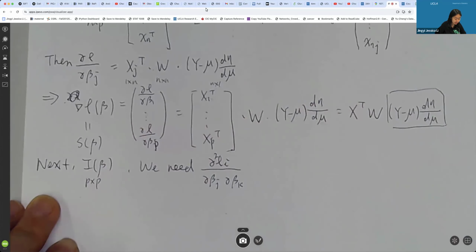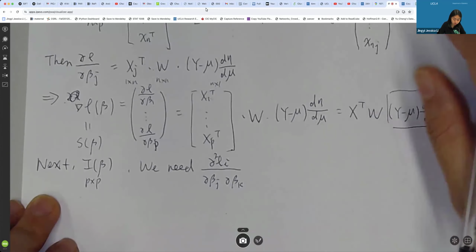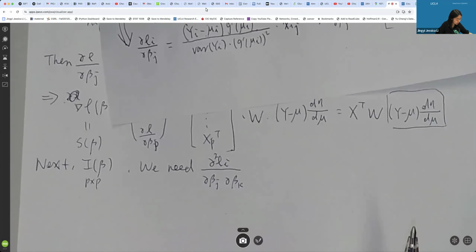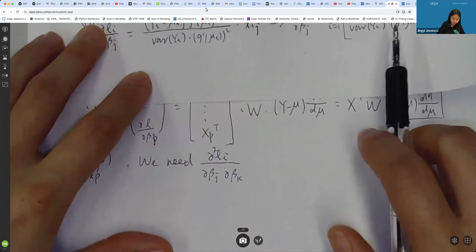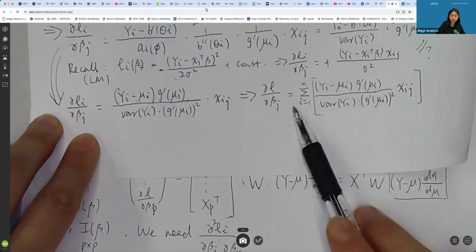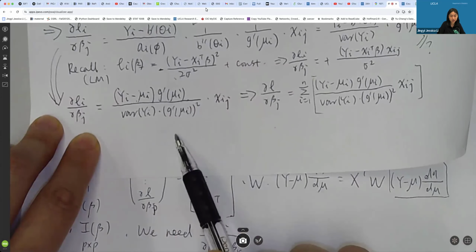Okay, now how do we go from here? Let's revisit what we have here. We just go one more step from this Li right here, to take another derivative.